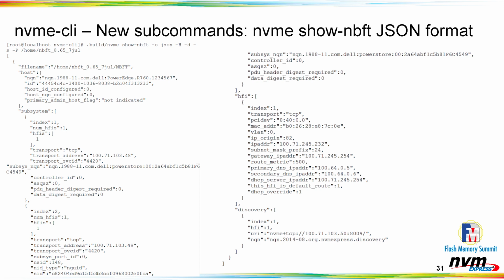So you can play around with providing different NBFT information to your OS using this command. Here, it also provides its output in a JSON format. I'd love to go through that in detail with you, but don't have time today. So see me out in the hall and we can dig into this.